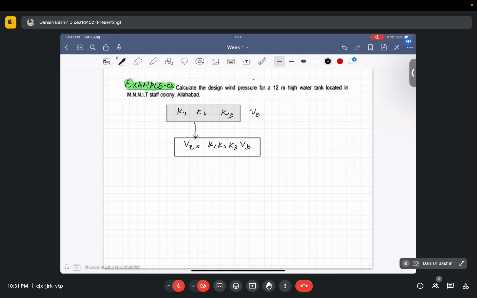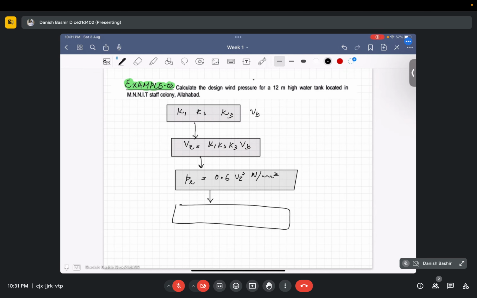After getting this, calculate the design wind pressure PZ, that is 0.6 of VZ square in Newton per meter square. Then calculate the wind force F, given as force coefficient CF times frontal area AE times PZ. Okay, that is the homework for you.